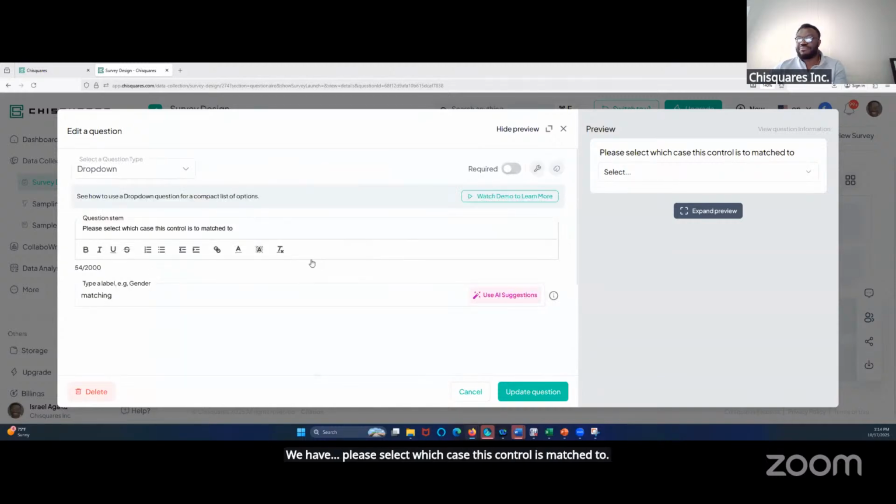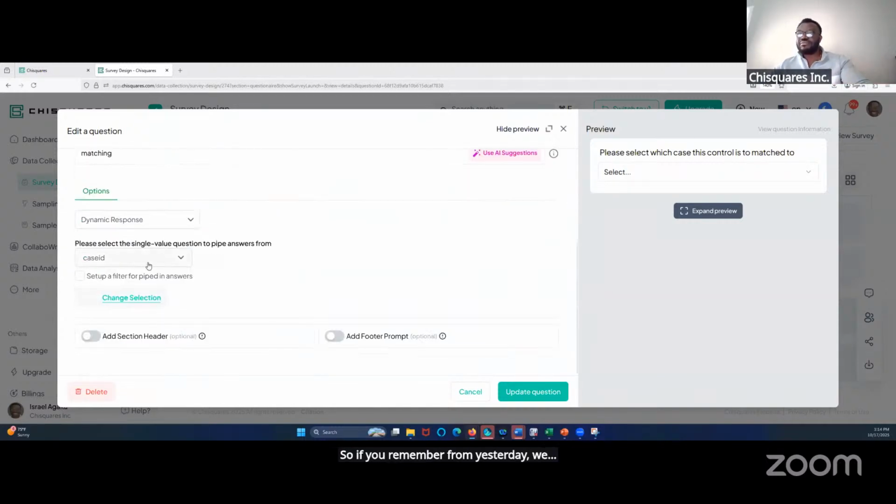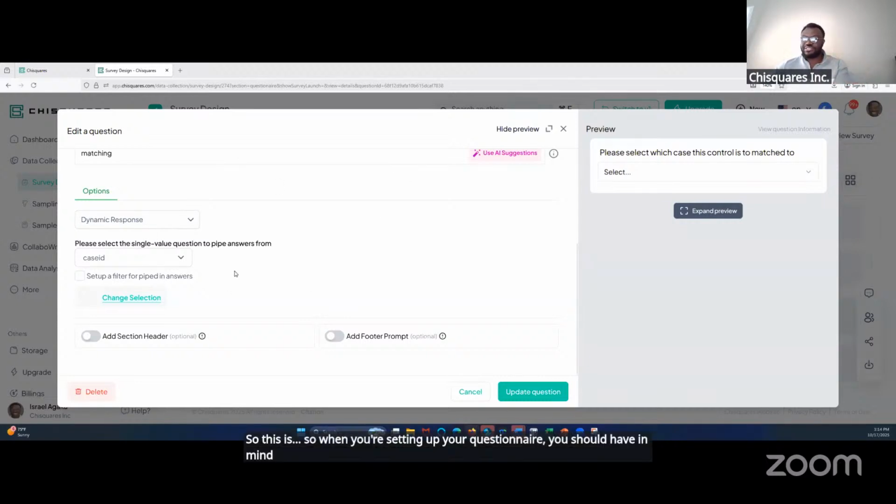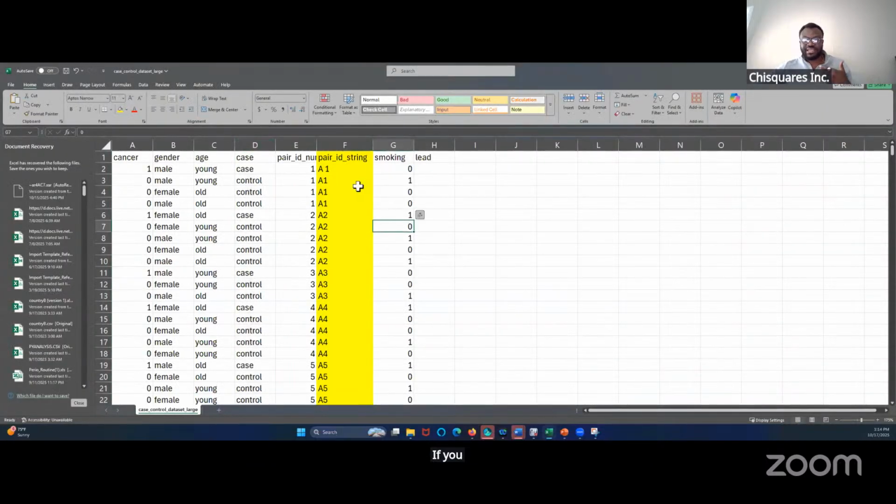If you remember from yesterday, we selected a dynamic response such that once we have inputted the value of a unique ID of the case, we can then match each control to a particular case, right? So when you're setting up your questionnaire, you should have in mind how it's going to be analyzed. If you end up with a questionnaire for data collection for a case control study that does not have this, then how are you going to analyze data? You've already shot yourself in the foot, right?